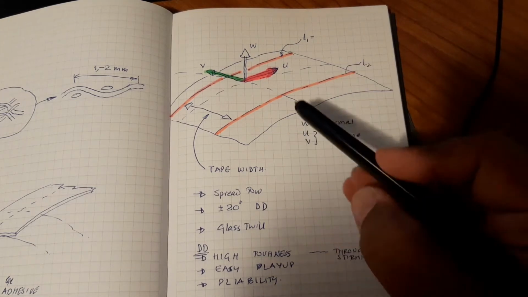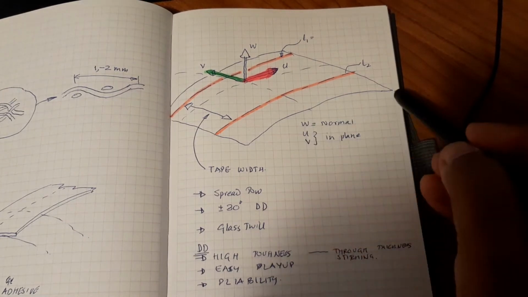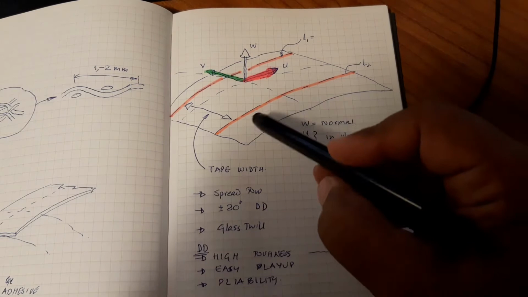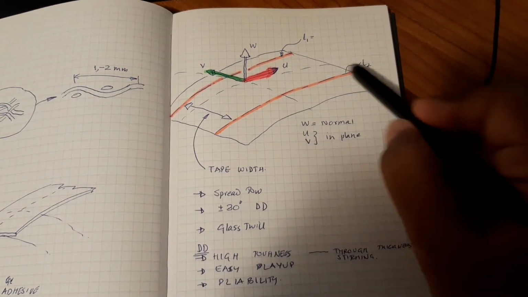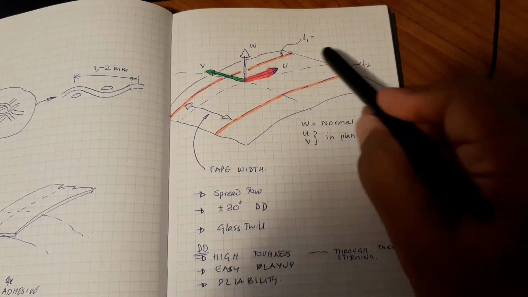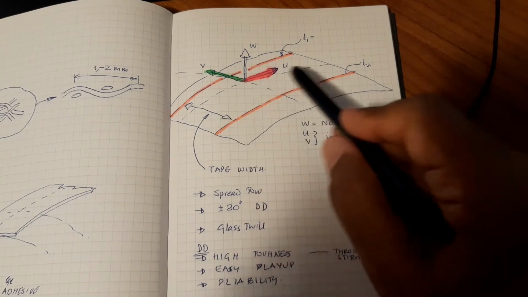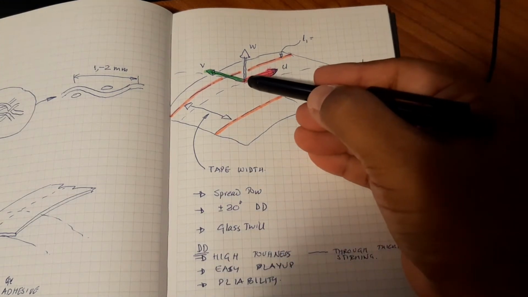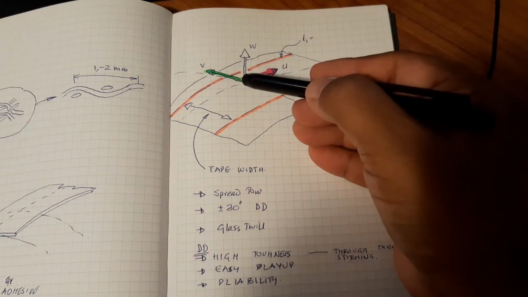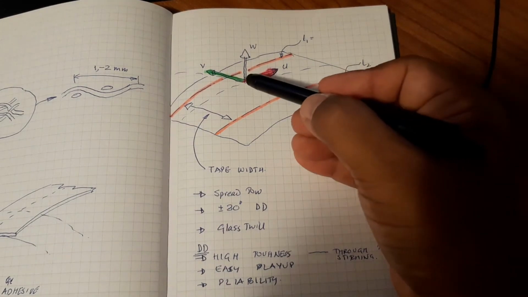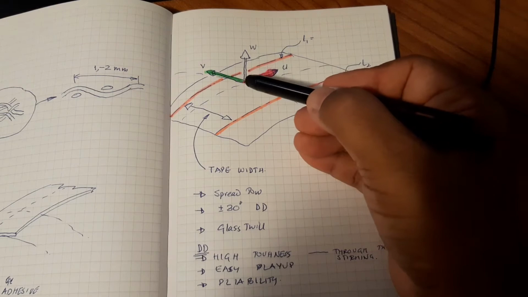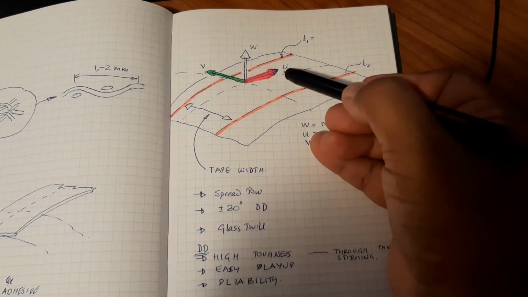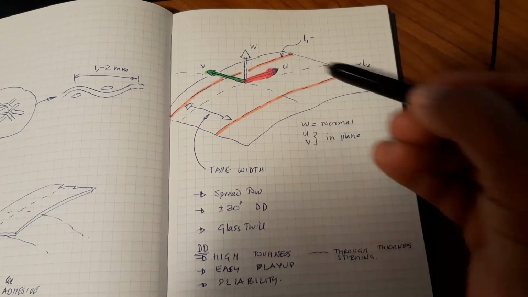So let's actually discuss what pliability is. These outside lines represent a surface, and to define a surface at any point, you have a normal, which is this W, and U and V vectors.